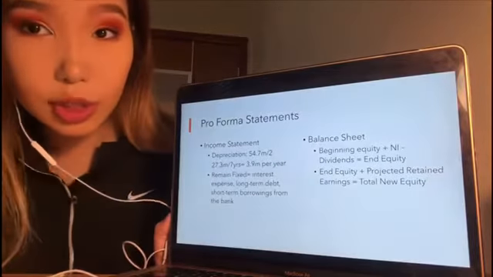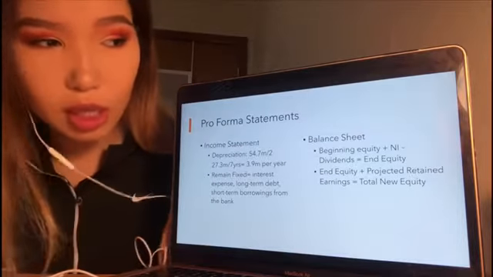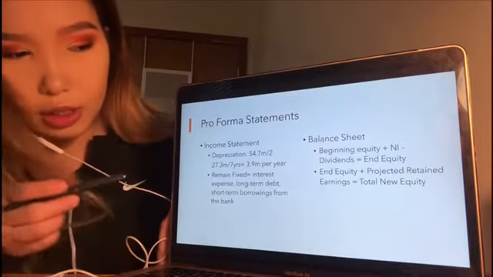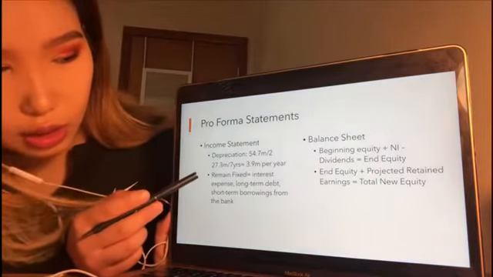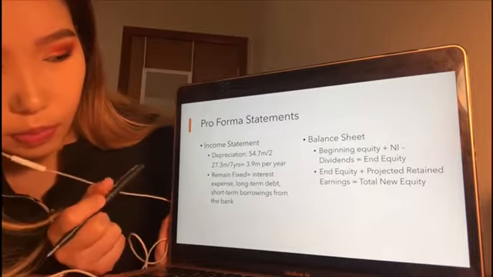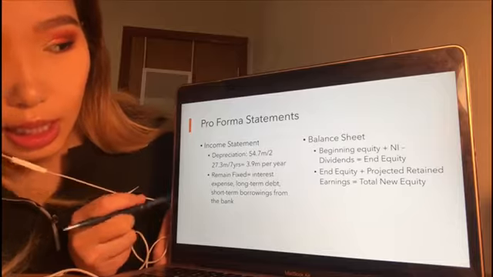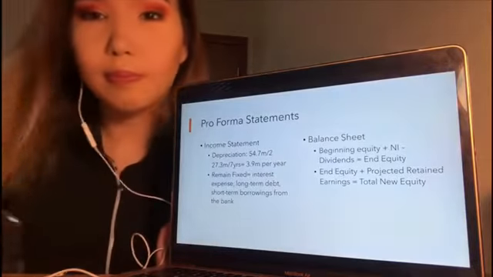Okay, and this part here basically wraps up everything that I just explained: all the depreciation that I used, what numbers remained fixed, and how I found the equity.